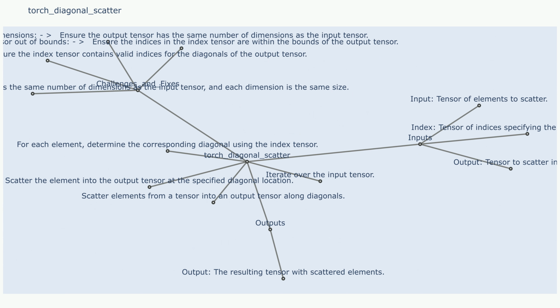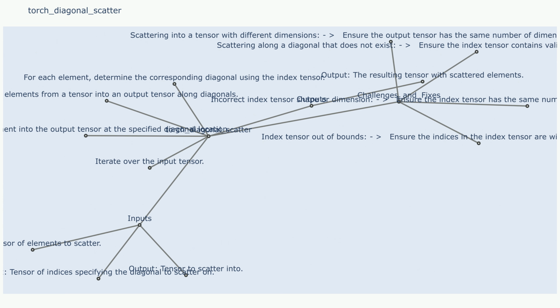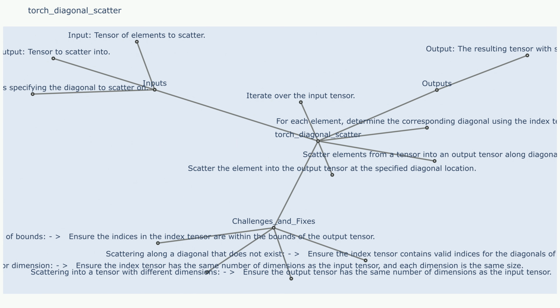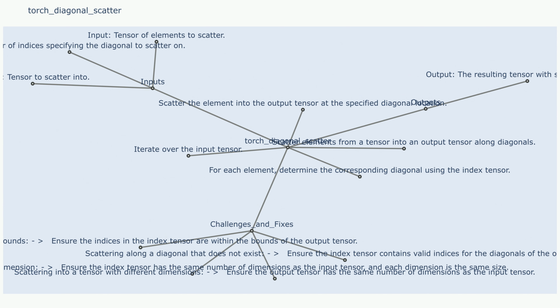Dim1: an optional integer specifying the second dimension along which to scatter elements. Defaults to none. When dim1 is none, it defaults to dim. When dim1 is not none, it must be specified along with dim. Fill value: an optional scalar specifying the value to fill the output tensor with before scattering the elements.